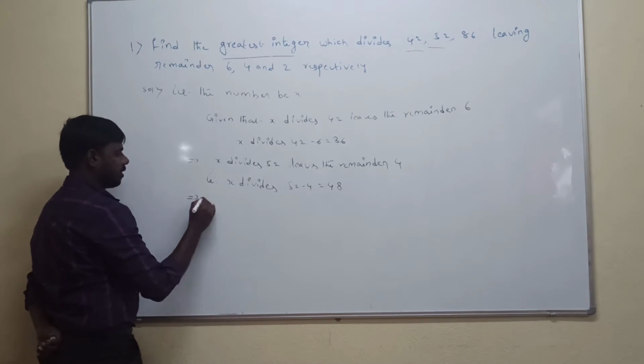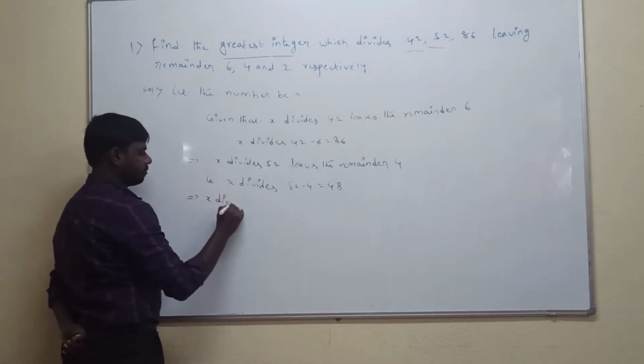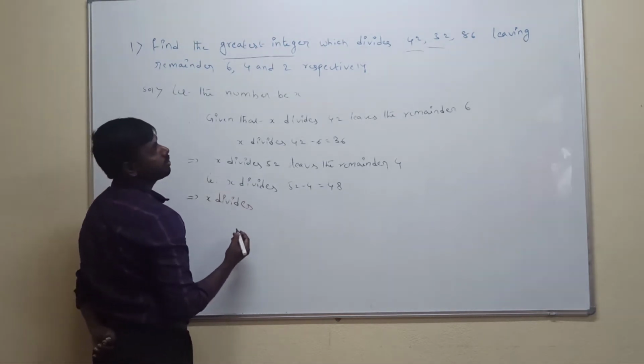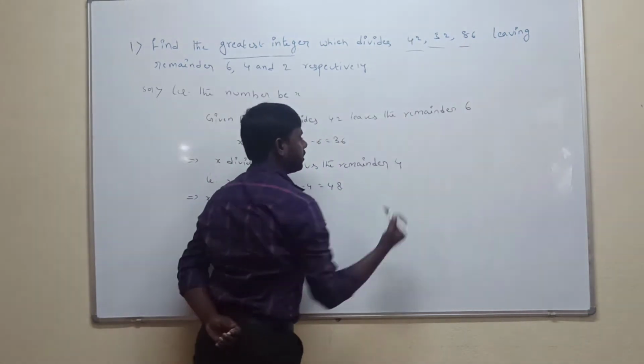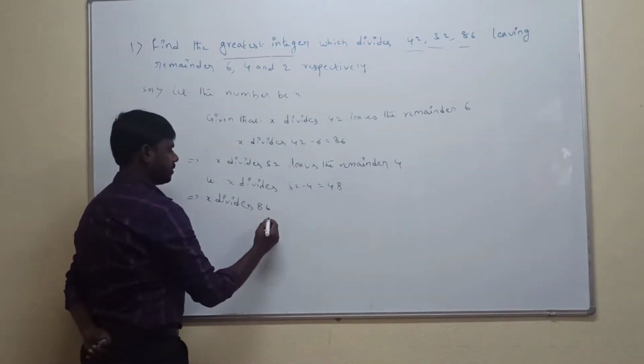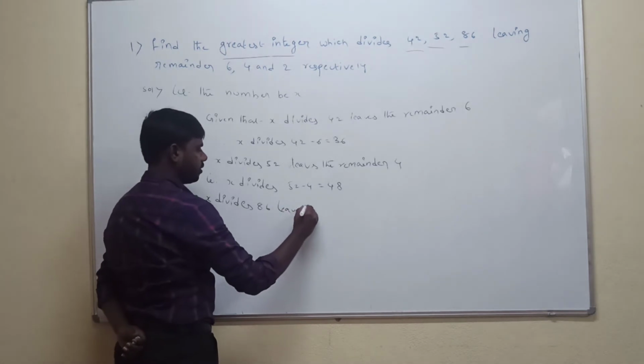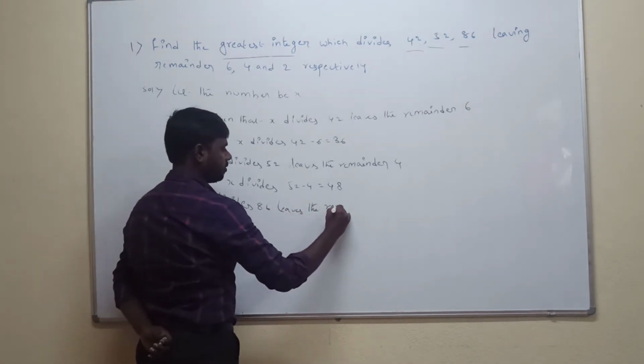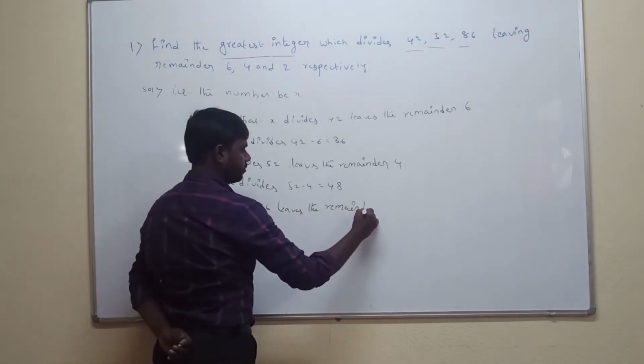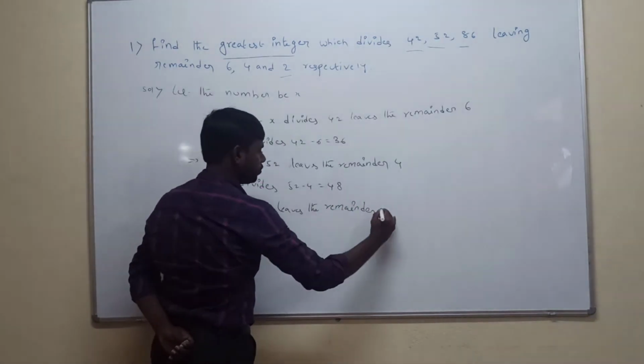Third one, x divides the third number, 86, leaving the remainder 2.